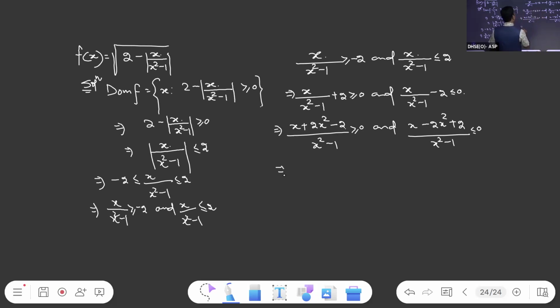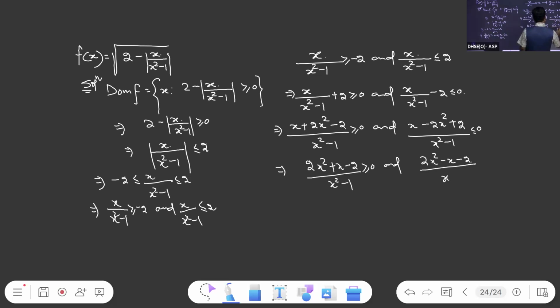So this implies 2x square plus x minus 2 upon x square minus 1 greater or equal to 0, and to solve the inequality we have to make the leading coefficient positive, for which we have to multiply the expression by negative 1. So it will be 2x square minus x minus 2 upon x square minus 1 greater or equal to 0, right?